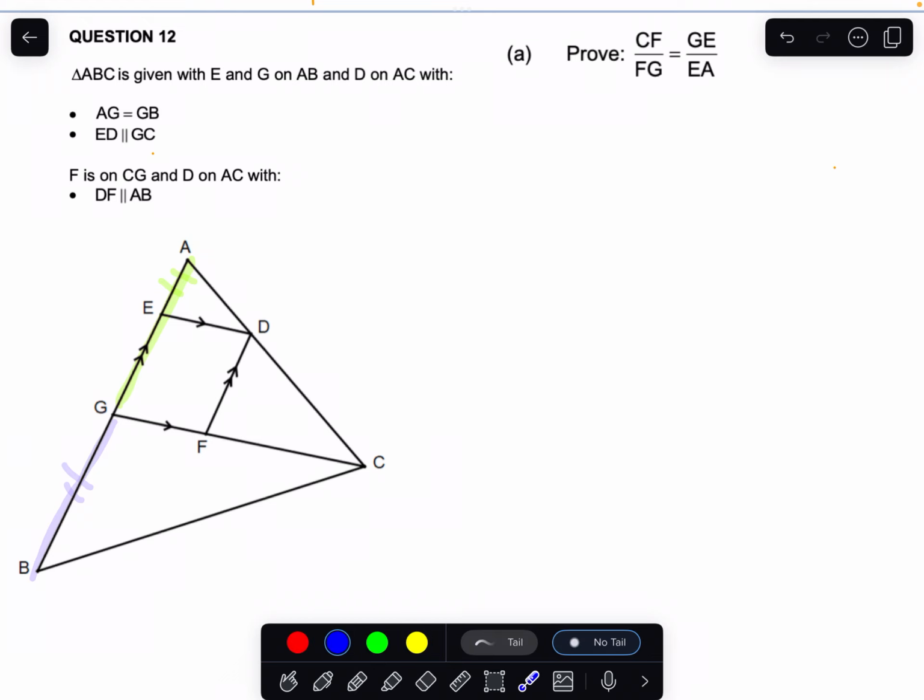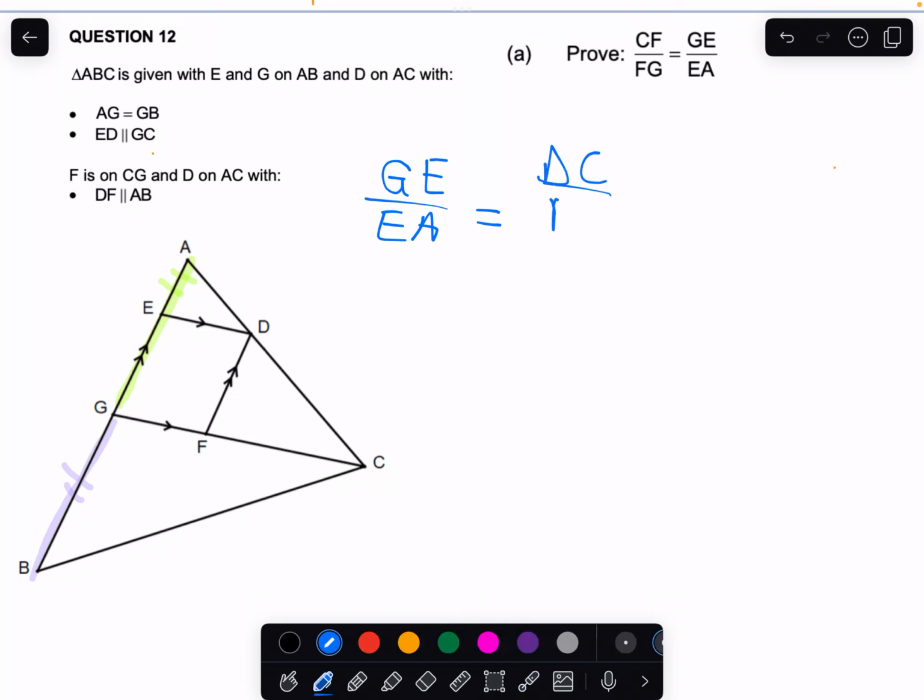They have GE over EA, and GE over EA is the same as DC over DA, because line parallel to third side of triangle AGC.